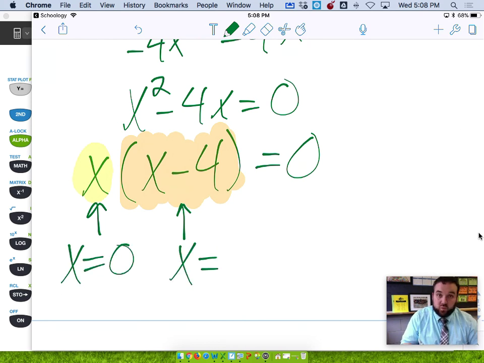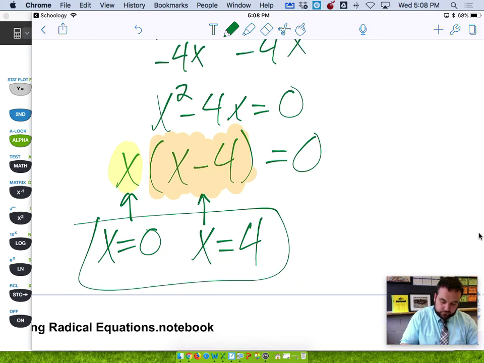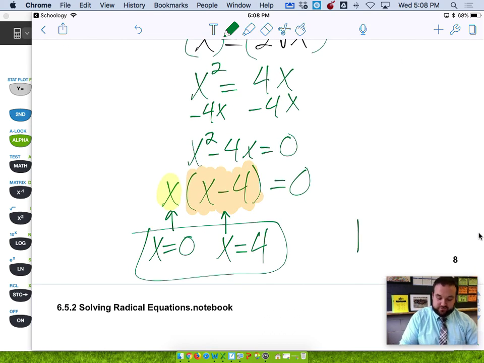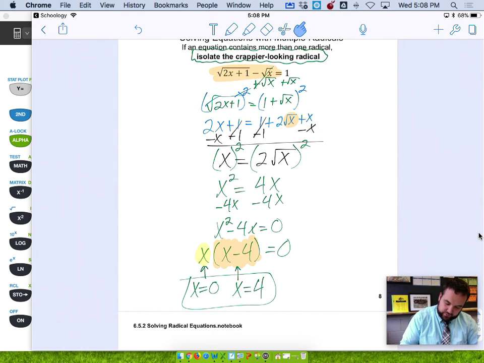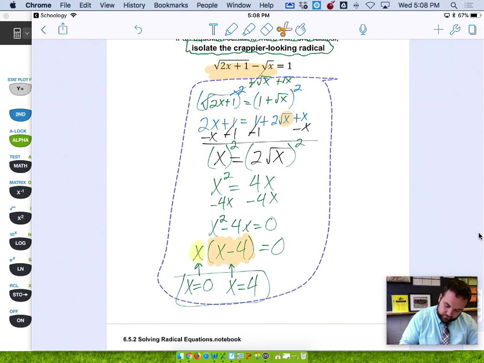On the right side, what number take away 4 would give me 0? What can I replace x with? Well, that's positive 4. All that, like, this is crazy. And I understand this is about as crazy a problem as you may have ever seen in a math class, okay?